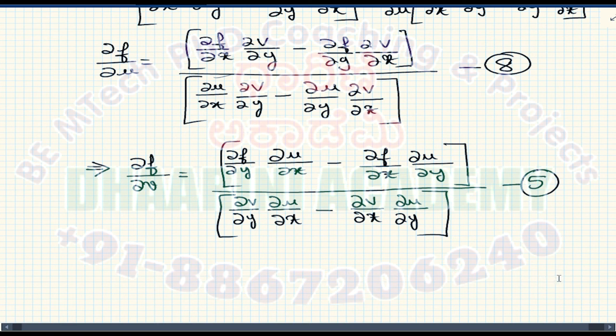The denominator of 5 and 8 is called the Jacobian.